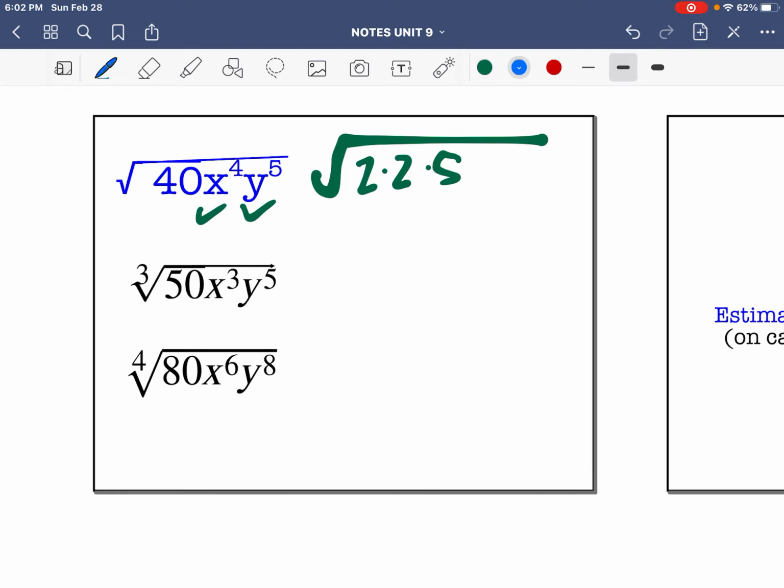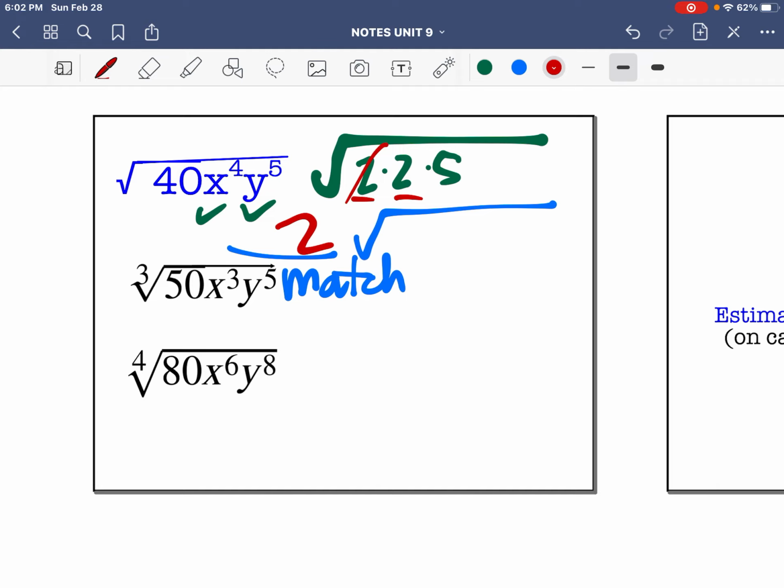I'm going to put here in the front where all of my matches go. I can see that I have a match of 2's, so each side is going to get a 2. And already I can see that I have a 5 that's going to be left over, so I'm going to put a 5 here. So the number part of this one is done.